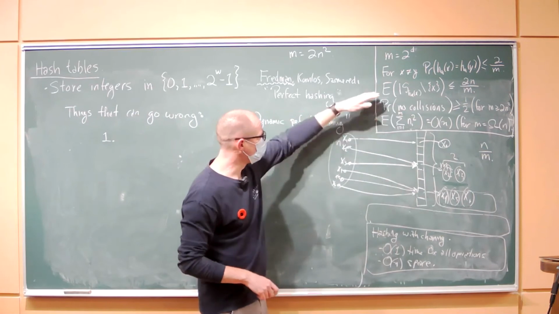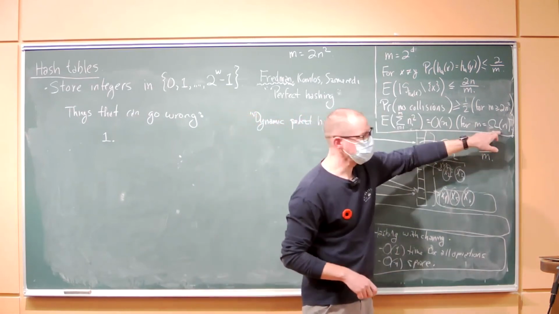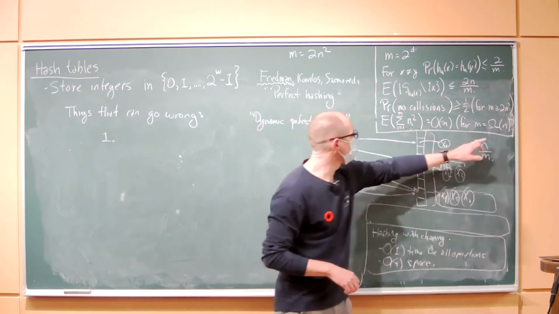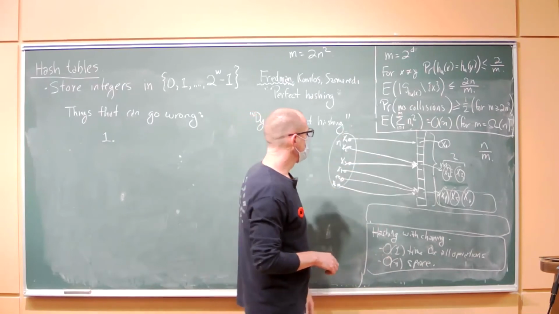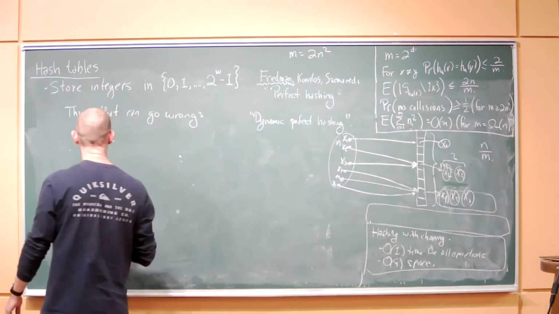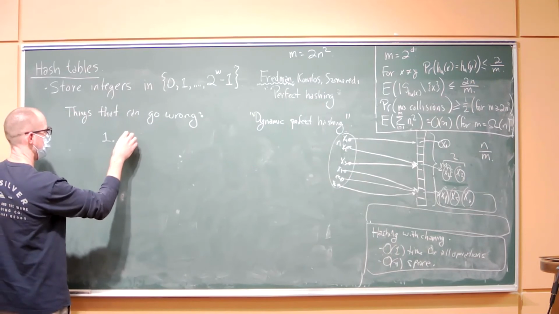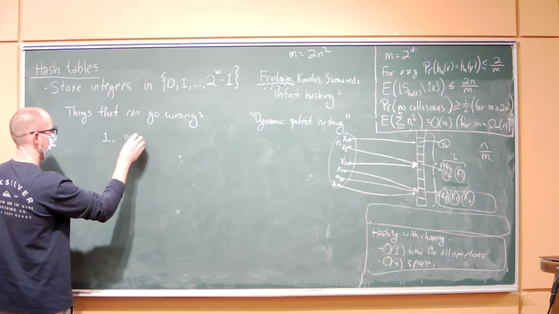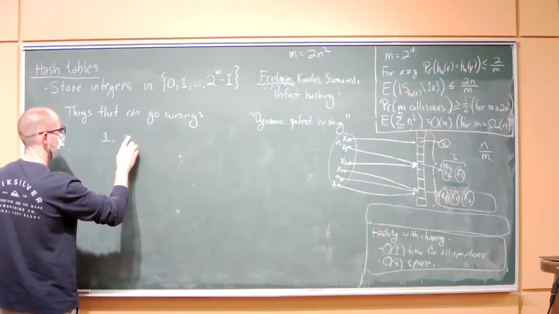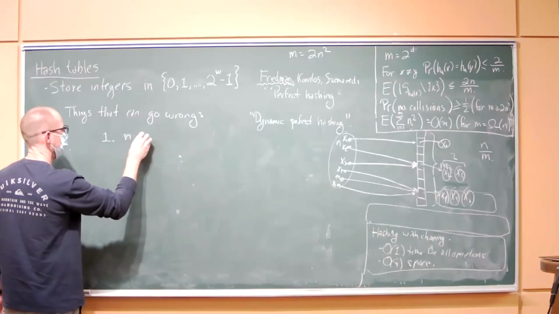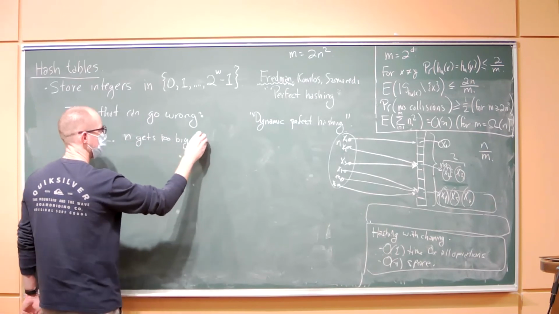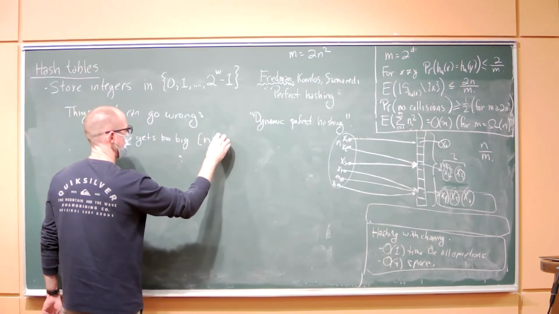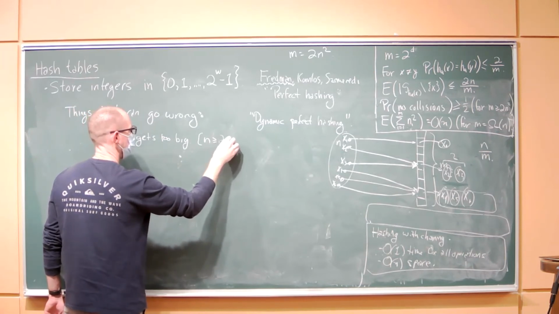And for this stuff to work, we said M has to be bigger than some constant times N. So here's something that can go wrong: N gets too big. Let's say, for example, N is bigger than or equal to 2M.